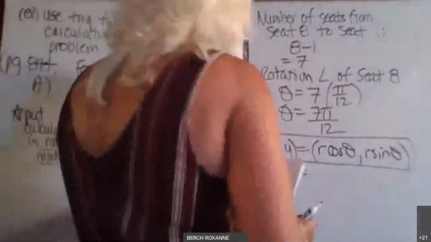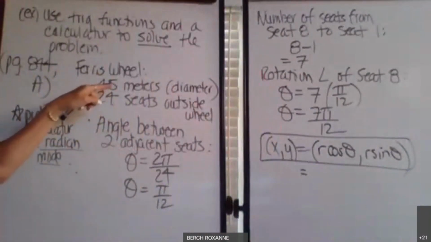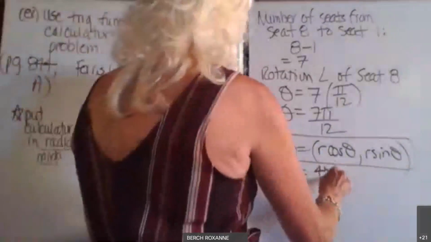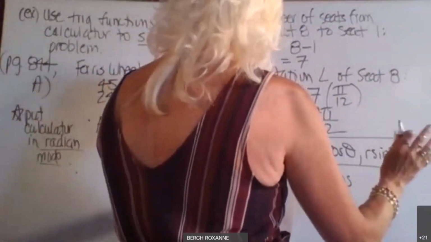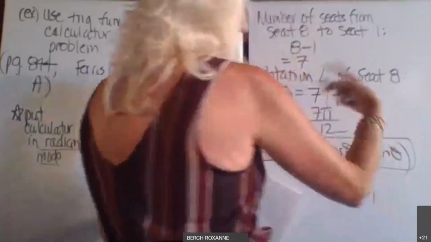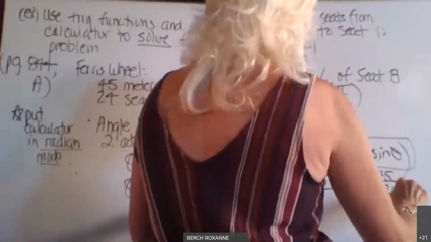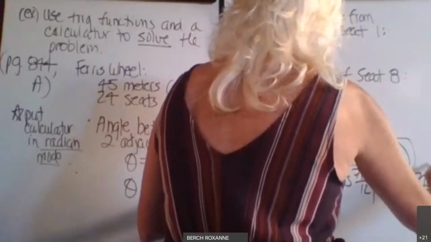My coordinates are going to be r, which is 45 divided by 2, since if the diameter is 45, the radius is 45 divided by 2, times cosine of 7 pi over 12. And the y coordinate is r, which is 45 over 2, times sine of 7 pi over 12.